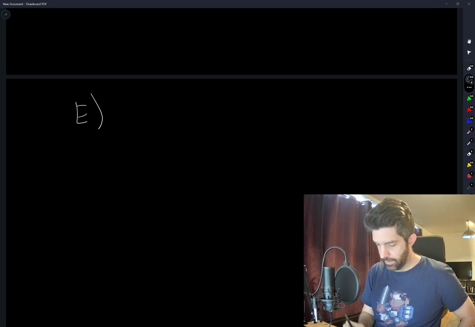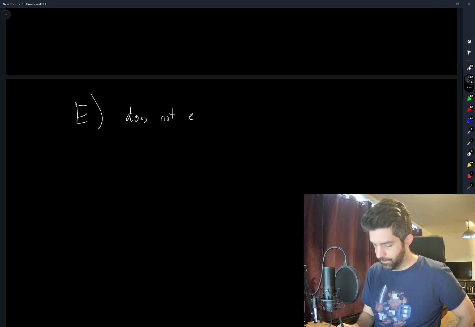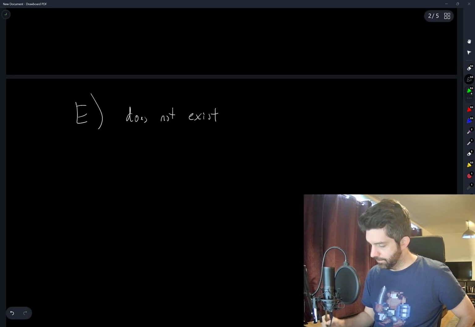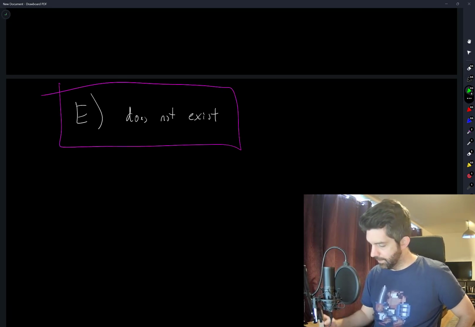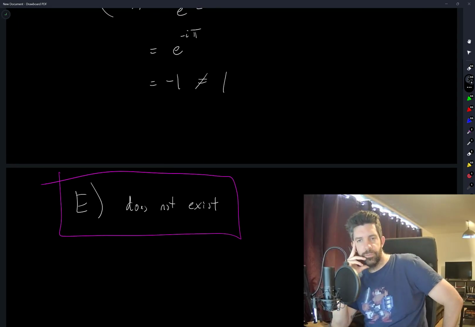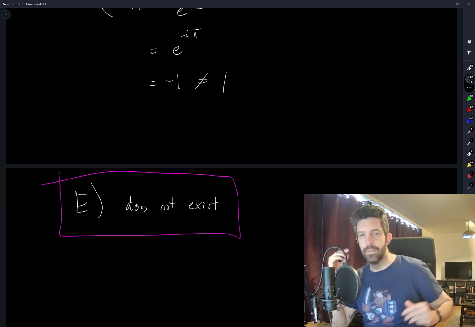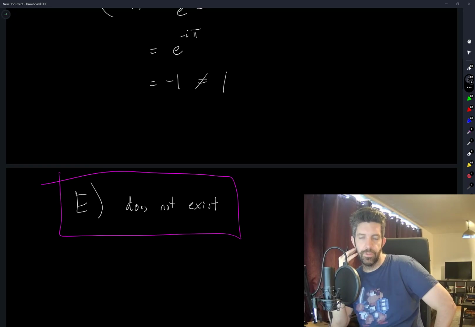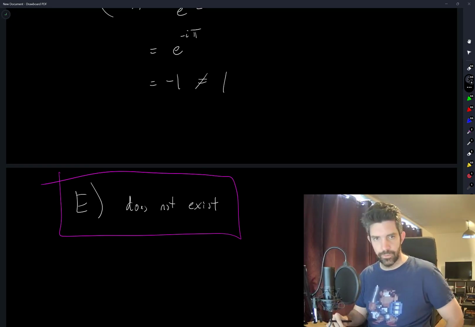So I'm going to say the option here is does not exist. Again, my instinct was telling me it didn't exist simply because complex conjugates don't work nicely with continuity of complex valued functions.